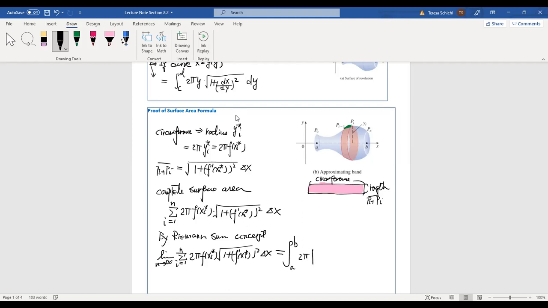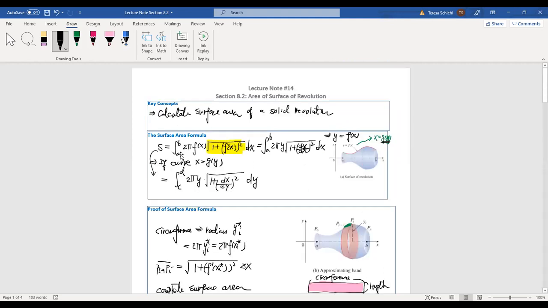So it will be the integral of 2 pi f of x times the square root of 1 plus f prime of x squared dx, right? That's how we get the formula. So the idea of why the surface area formula is what we wrote here is pretty straightforward, right?